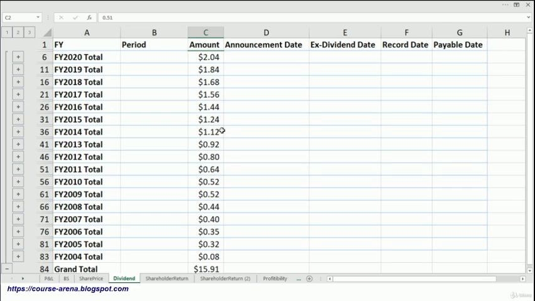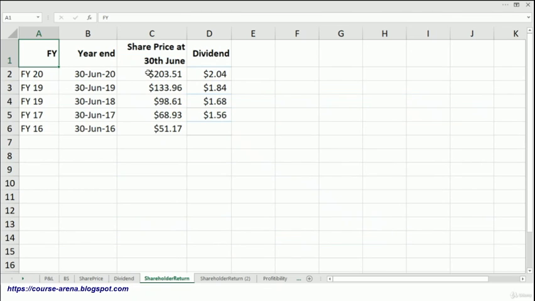Now that we know capital gain and dividend, let's go to our third sheet, which says total shareholder return, where I have already compiled the share prices and dividend information for fiscal years 2020 to 2017. Let me just quickly calculate the capital gain again. Capital gain is the difference between share prices, that is this minus this one, and I will just copy and paste this to all the cells below.